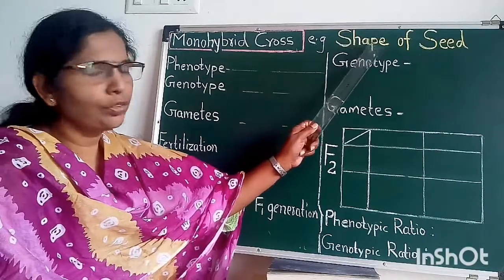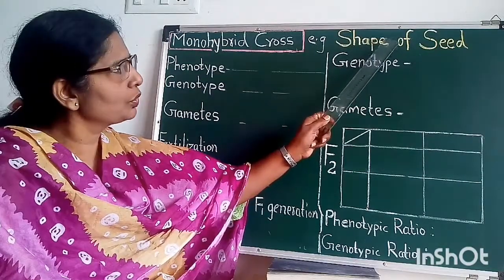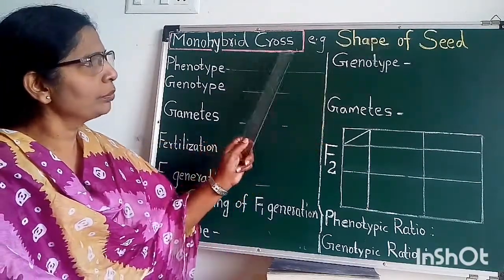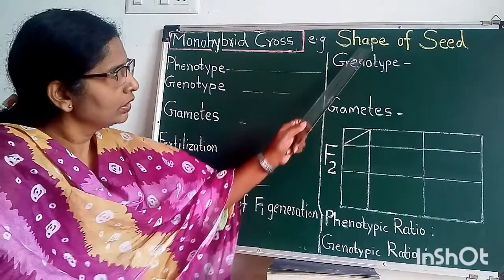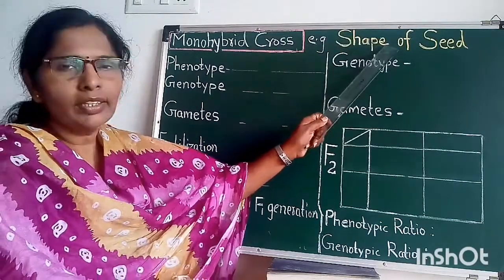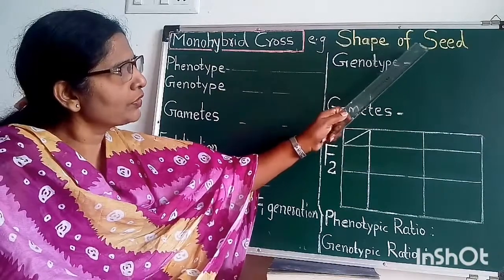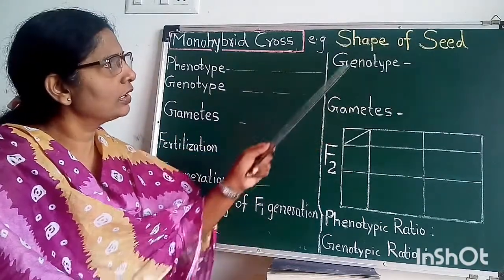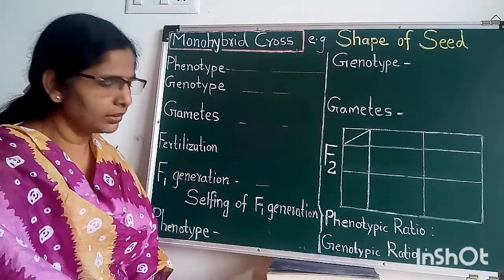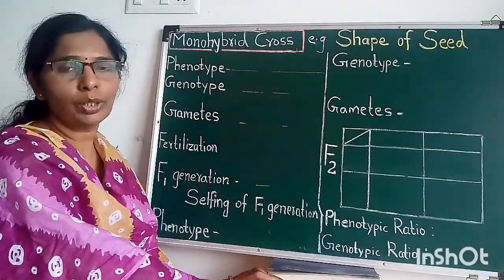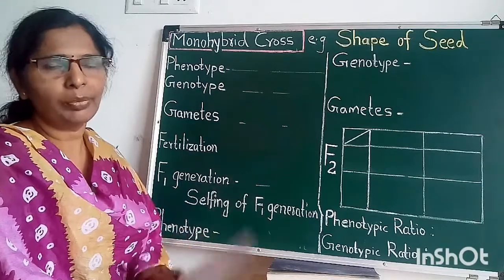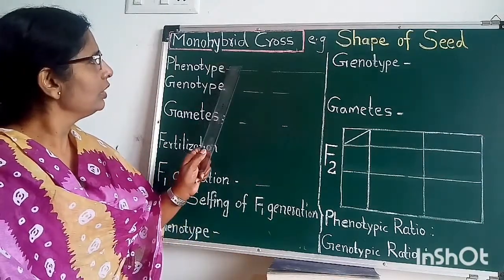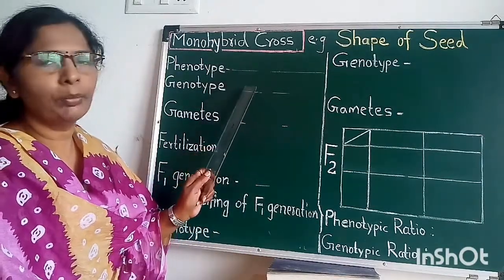So this is one of the 7 characters that we have chosen as an example. This is a character, but what are its traits? The shape of seed has 2 traits. One is a round shape of seed and the other trait is a wrinkled shape of seed. So these are the parents that will be used for the monohybrid cross.